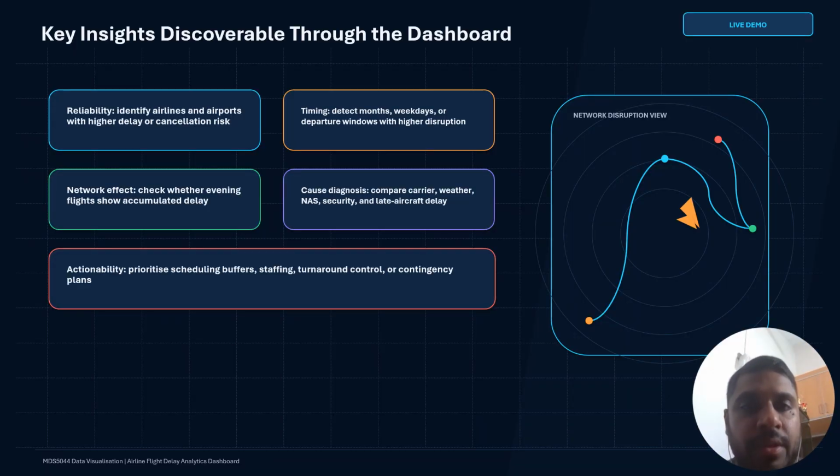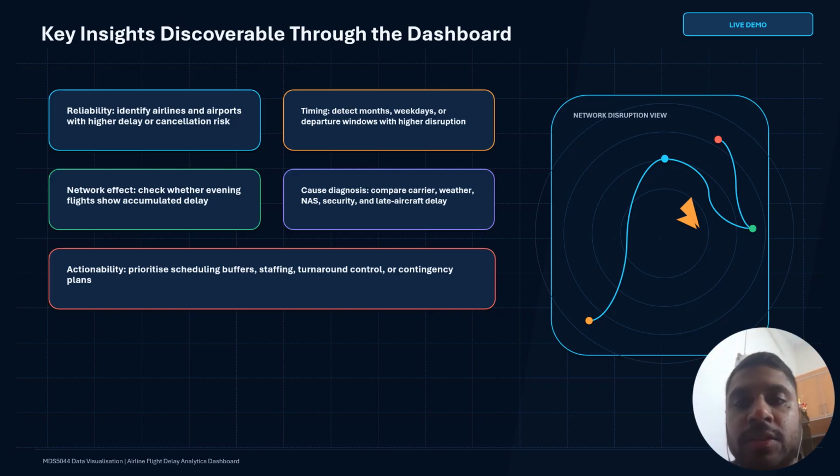The dashboard can reveal several practical insights. It identifies the airlines and airports with high delay or cancellation risk. It shows whether disruption increases in a particular month, week, or time band. It can also reveal network effects, such as evening flights experiencing accumulated delay from earlier disruptions.